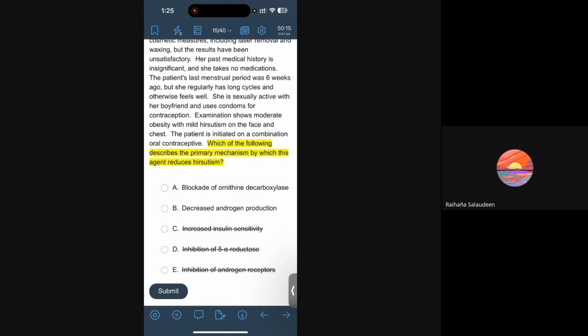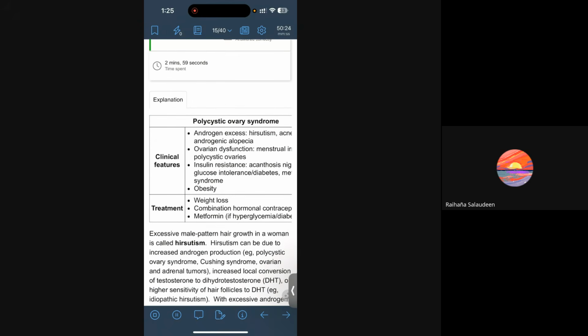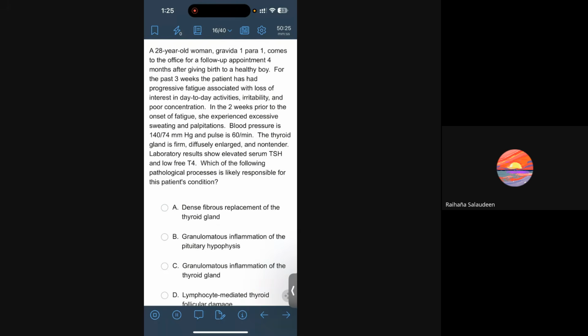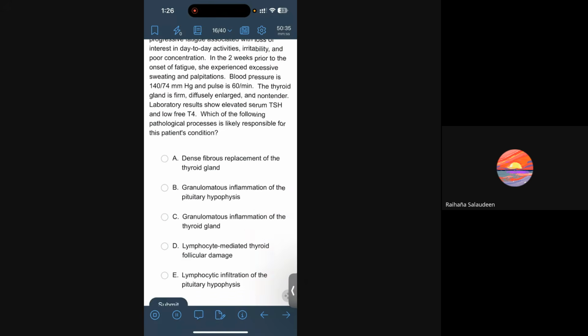Blockade of ornithine decarboxylase does not happen here. So the right answer is, and the diagnosis is PCOS. See the options.